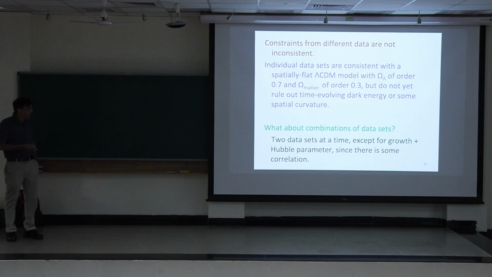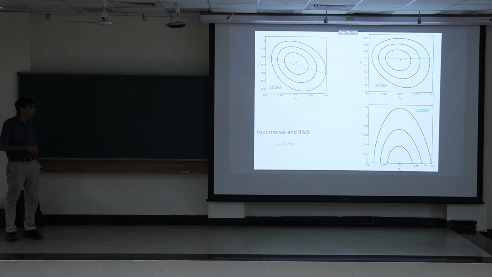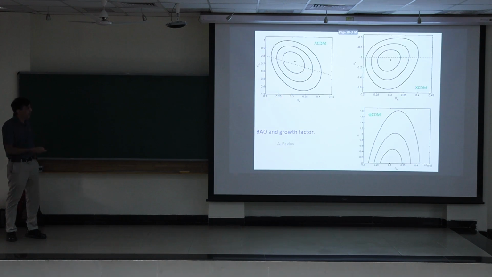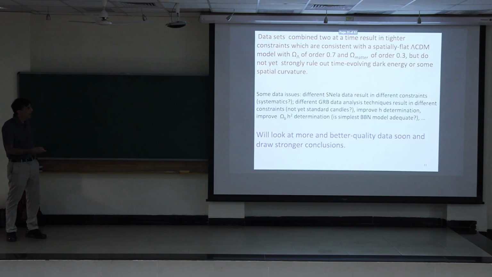And so you can do the obvious thing, combine 2 data sets at a time. And if you do that, the parameter space that's allowed becomes much, much smaller, but the conclusions are the same. The standard model is very consistent with these data. And there's lots of room, well, not as much as previously, but there's still room for space curvature and dark energy dynamics. And it doesn't matter which data sets you use.